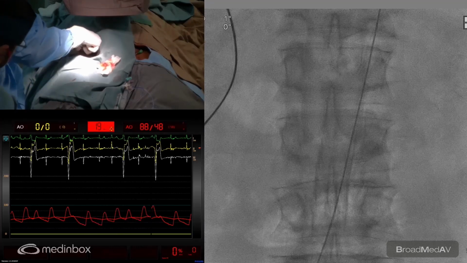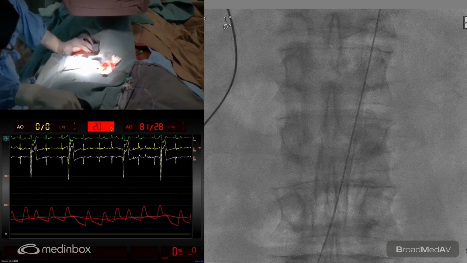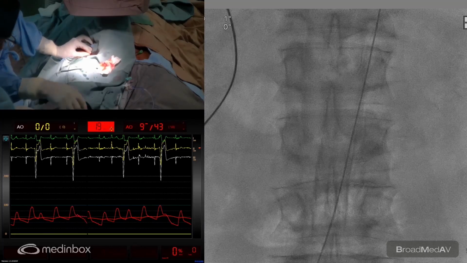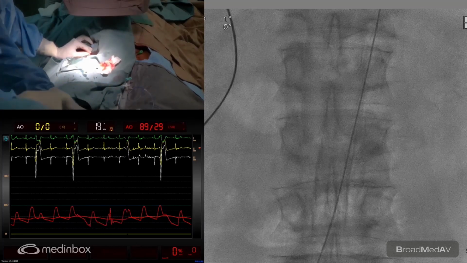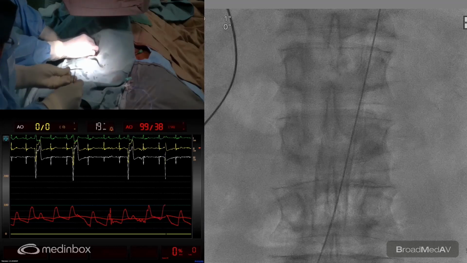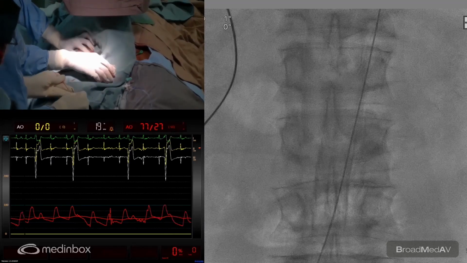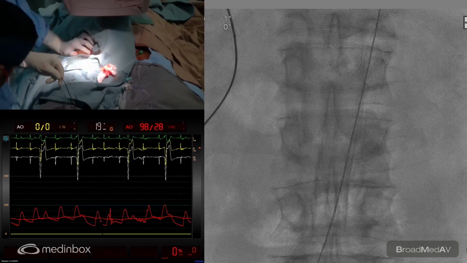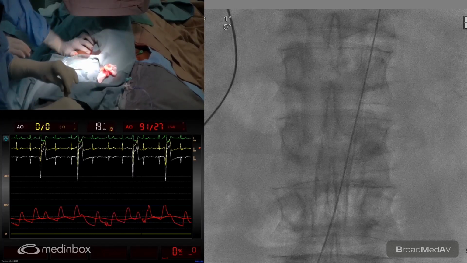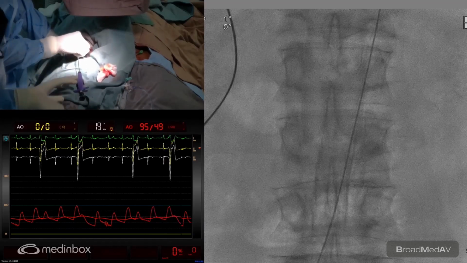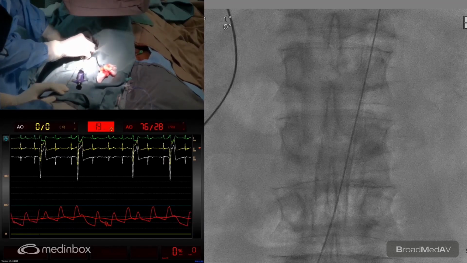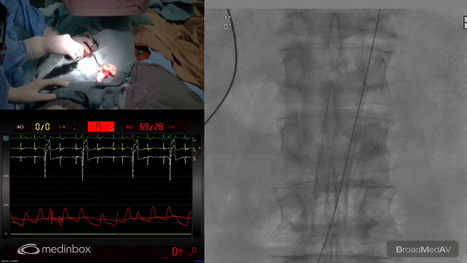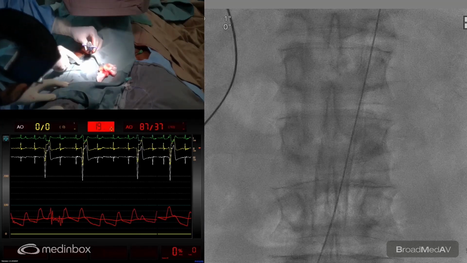So Nanda will now show you how to put those proglides in. You can load the proglides in. Can remove the wire, sir.